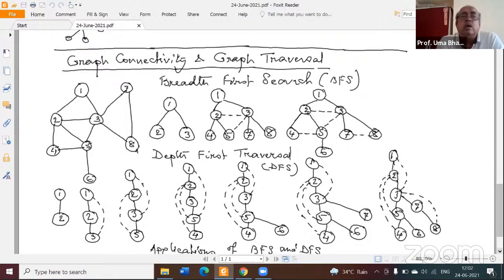Now these can be done in two specific ways. One is known as breadth first search, and the other is depth first search. For those students who are interested in studying artificial intelligence, data science, these are basically the alphabets of those disciplines.